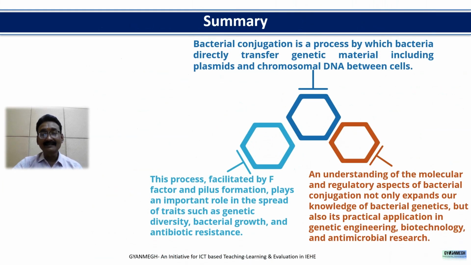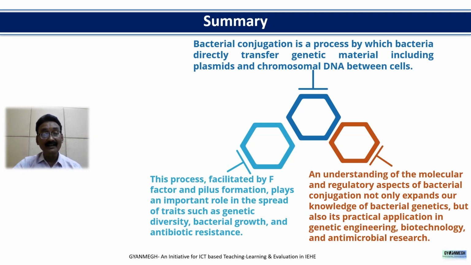If you summarize the whole conjugation mechanism, bacterial conjugation is a process by which bacteria directly transfer genetic material, including plasmids and chromosomal DNA, between cells. This process, facilitated by the F factor and pilus formation, plays an important role in the spread of traits such as genetic diversity, bacterial growth, and antibiotic resistance.